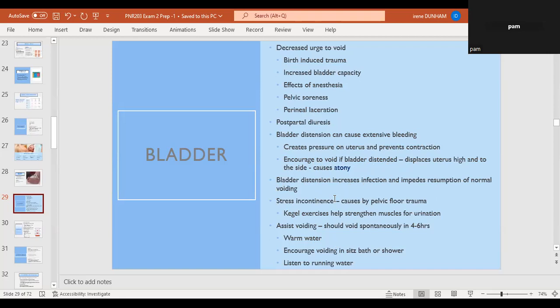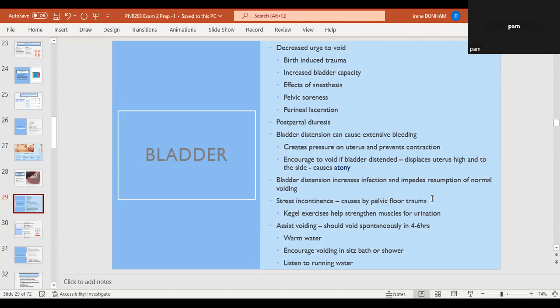All right. So down to stress incontinence, which is caused by pelvic floor trauma. Remember, whatever you do in the labor room and occurs during the birth process, will take a hit on mom. And so she could have stress incontinence later, even afterwards when she goes home or when she gets older.